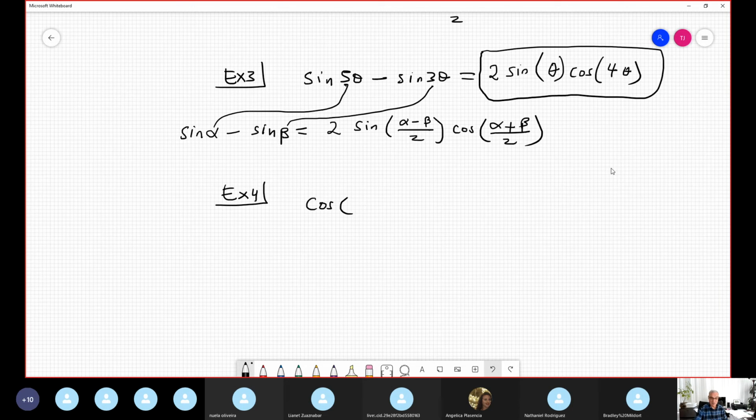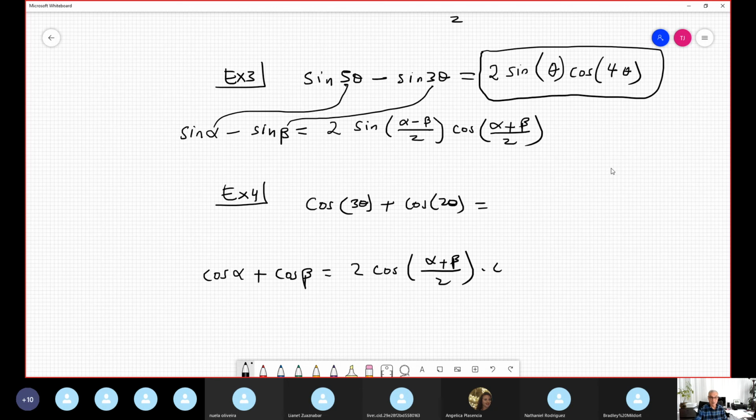Okay. One more easy: cosine 3 theta plus cosine 2 theta. Sum to product. The formula with the plus is cosine alpha plus cosine beta is equal to 2 times cosine alpha plus beta over 2 times cosine alpha minus beta over 2.